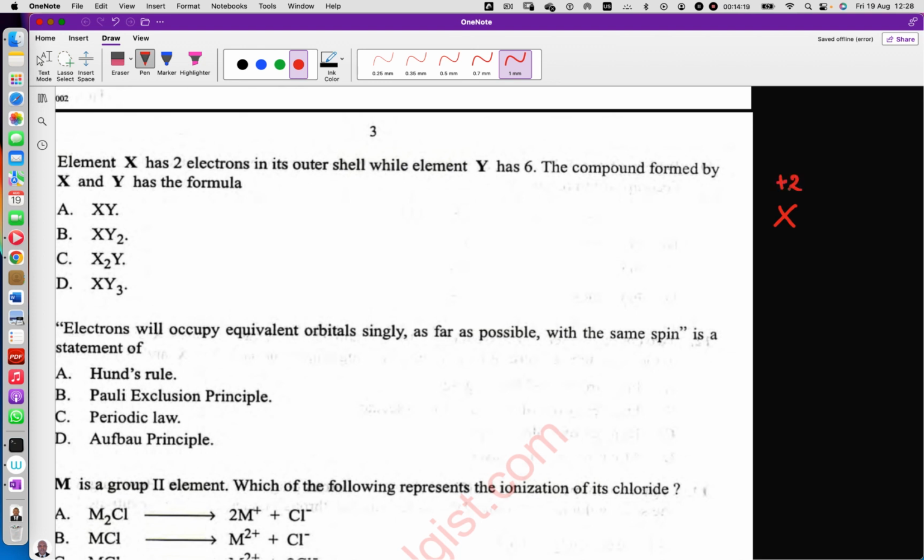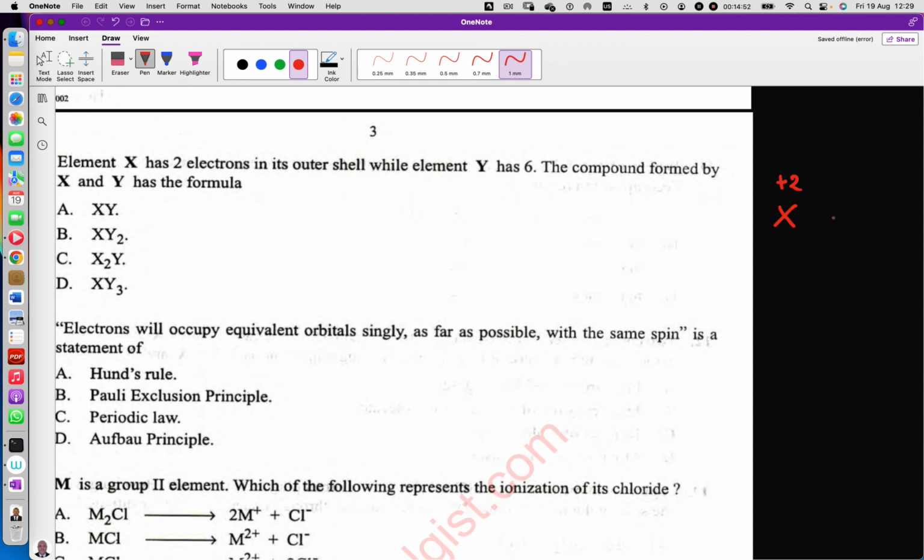Element Y has 6 electrons in the outermost shell. It shows that it belongs to group 6 of the periodic table. And if there are 6 electrons in the outer shell, a group 6 element will require 2 electrons. They will gain 2 electrons to complete the octet, to make their outermost shell 8.